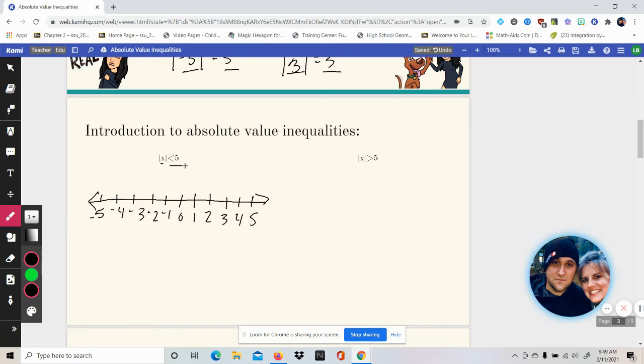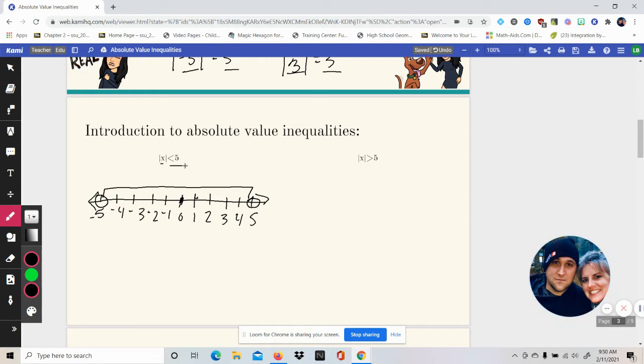All of these numbers, I want to put an open circle here because I don't want them to be exactly 5 units away from zero. I want them to be fewer than 5. So I'm not including 5 and -5, but all of these numbers in between here are fewer than 5 units away from zero on the number line.